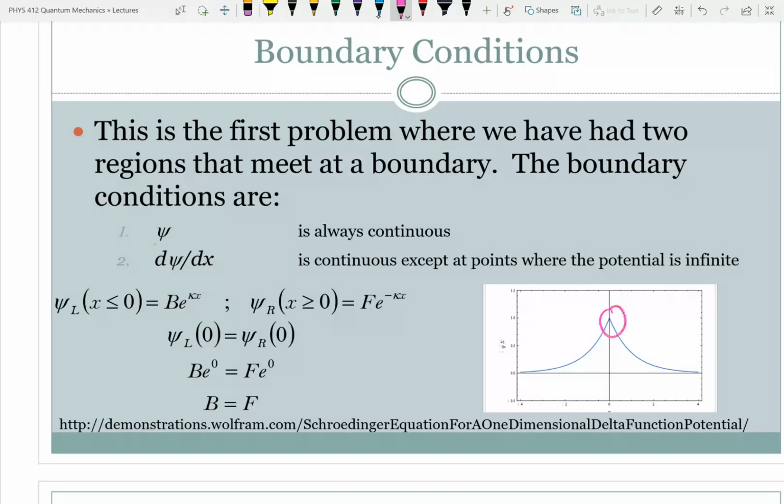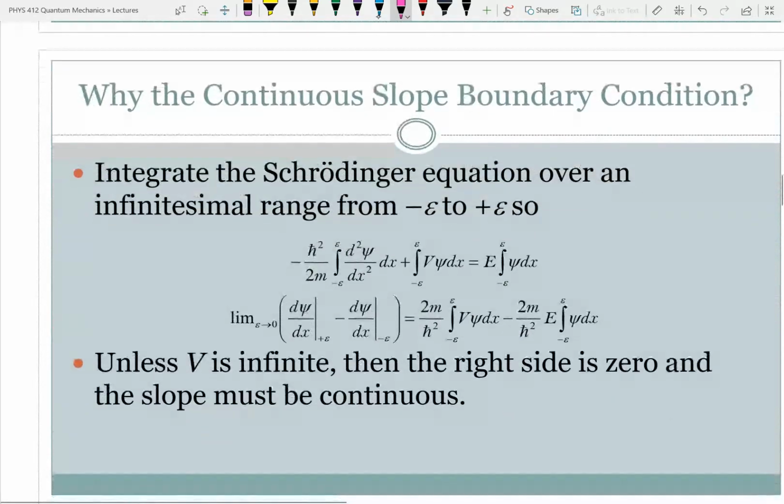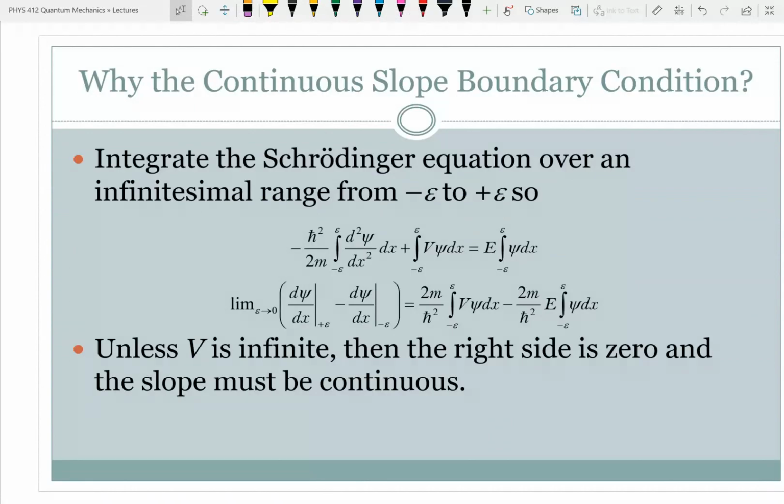Clearly, the slope is discontinuous, so we know we're not going to have a continuous slope with this. What gives?